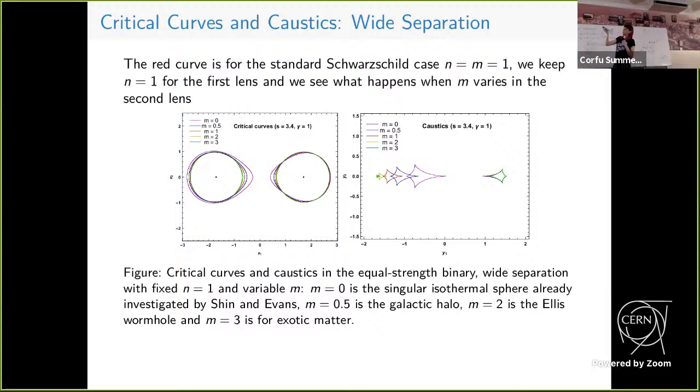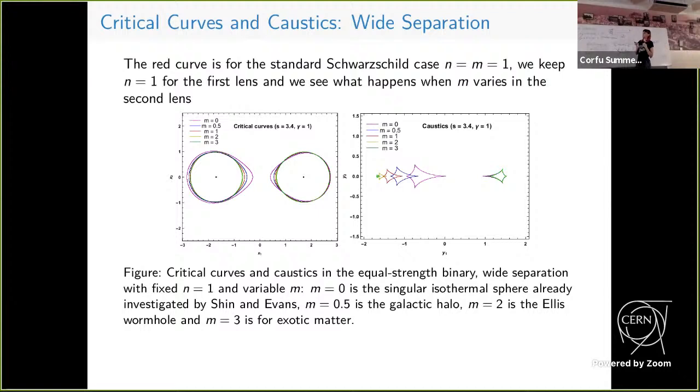So I remind that I call for the first lens the index n, and for the second lens the index m. m equal to 0 is the isothermal singular sphere, m equal to 0.5 is a galactic halo, m equal to 1 is a Schwarzschild object, a black hole, a normal star, m equal to 2 is a wormhole, and m equal to 3 may describe exotic matter.